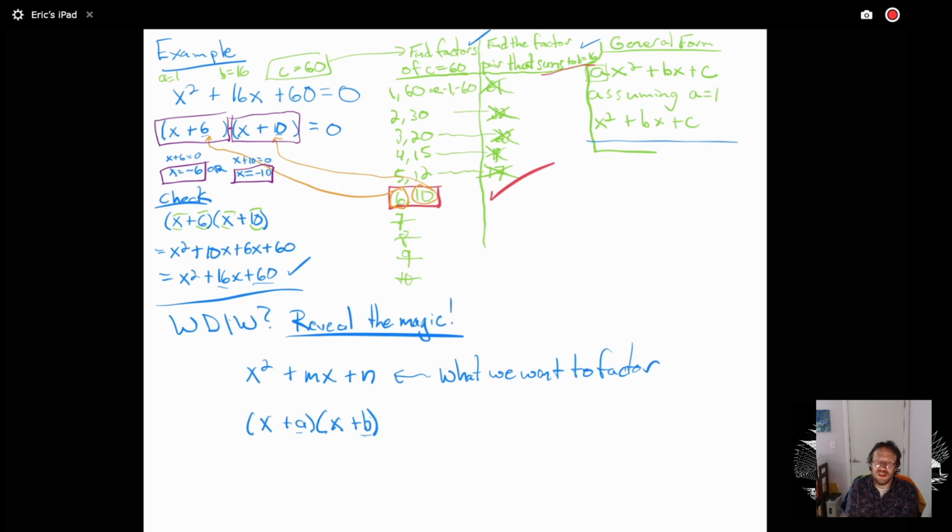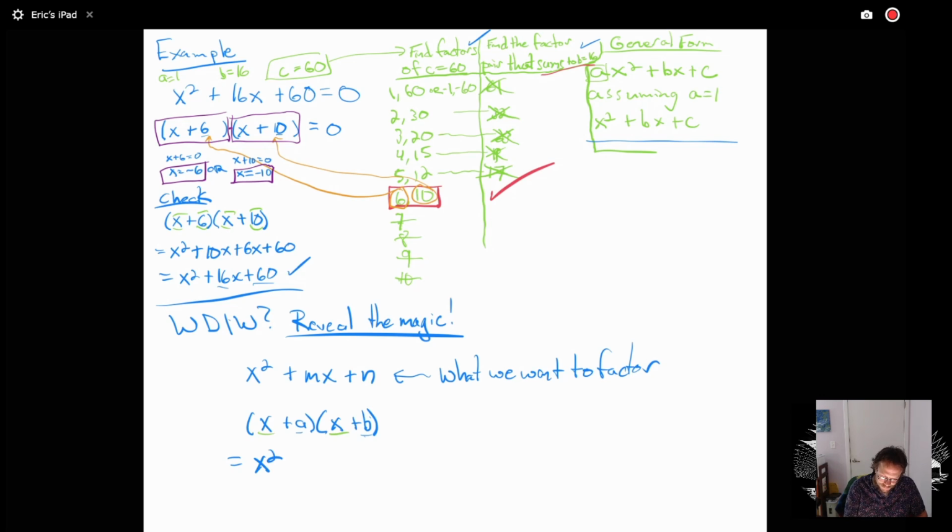And what can you do with an expression where you have a couple of parentheses like that? You can use the distributive property or FOIL, as we proved, to expand it. So let's do that. First terms, x and x, multiply those together, you get x squared.